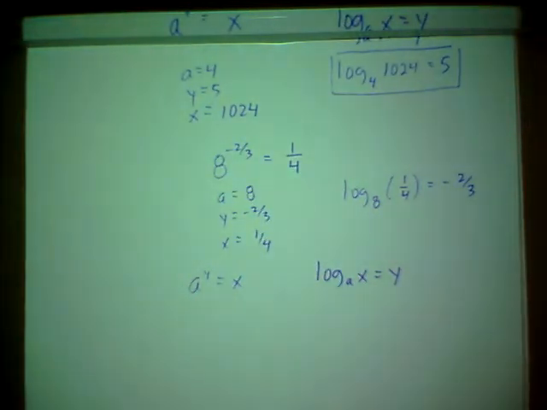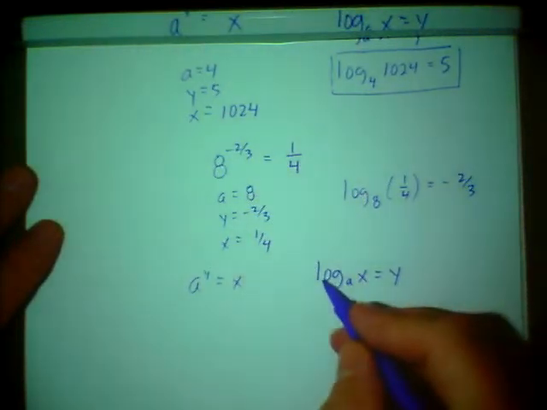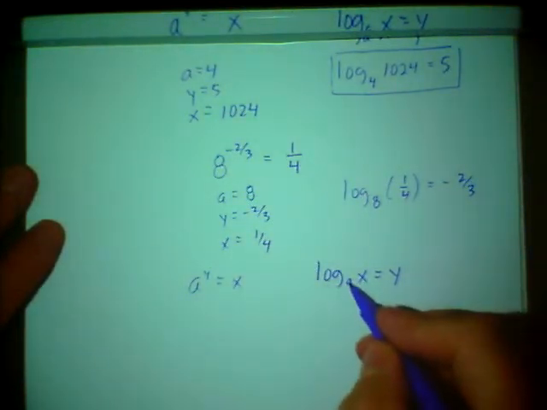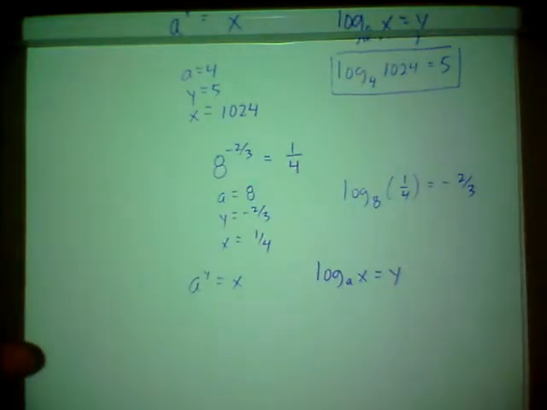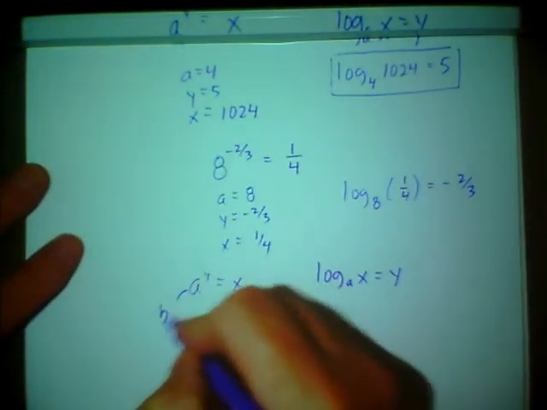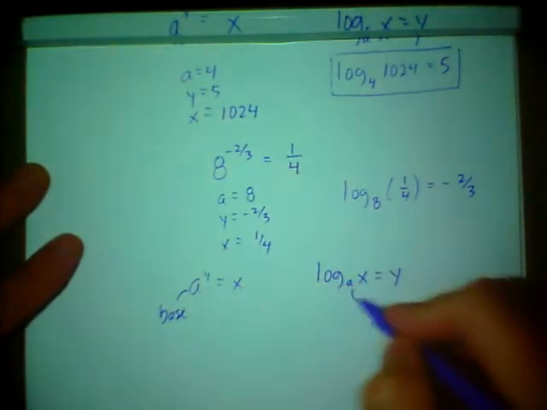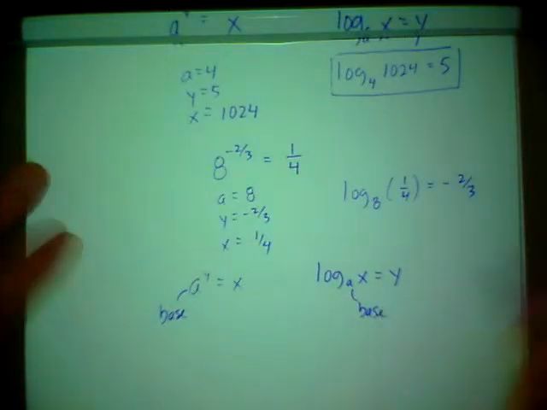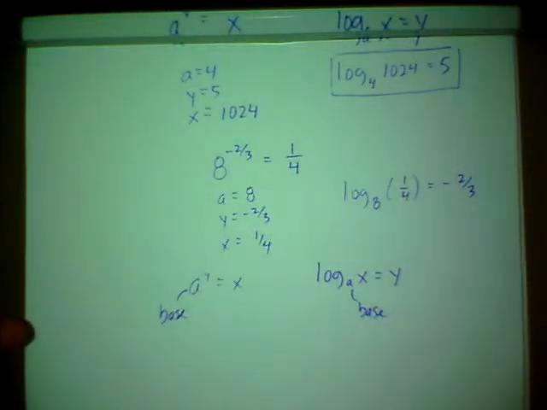Now let me take a minute and show you a little shortcut that I found to be pretty helpful sometimes, especially going from a log equation to the exponential equation. Instead of trying to memorize these a's, y's, and x's, one thing to do is, you notice over here, we call this log base a. We call the a the base. Just like over here, a here is also called the base. Matter of fact, let me just make that clear. We call both those the base.